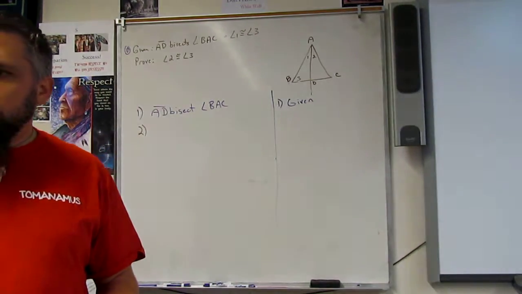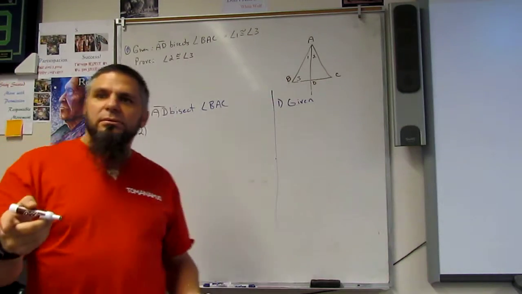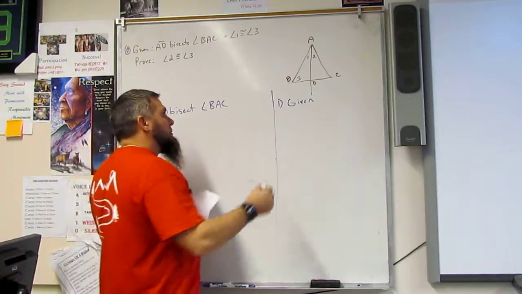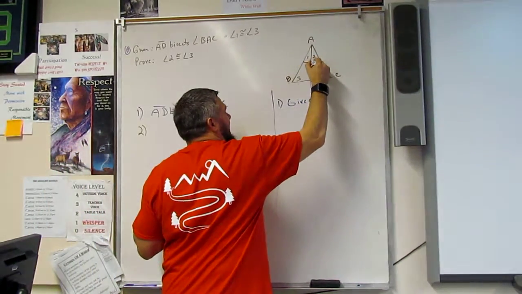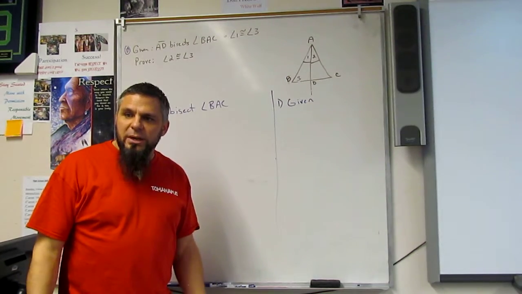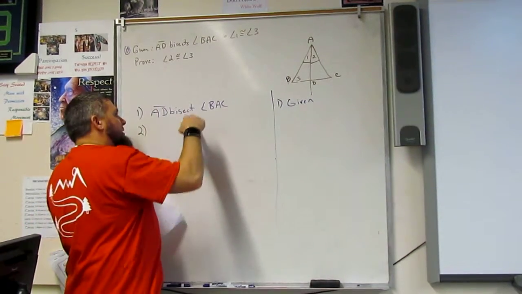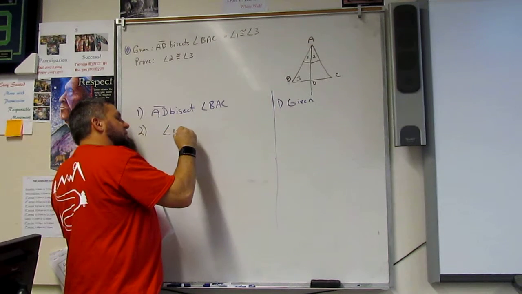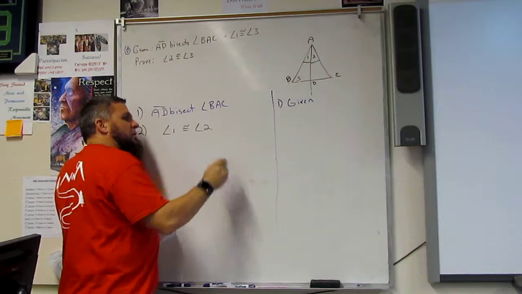Cutting it in half. Exactly half. Right? So if I cut this in half, that means those are equal. Right? So, by definition, angle 1 is congruent to angle 2.